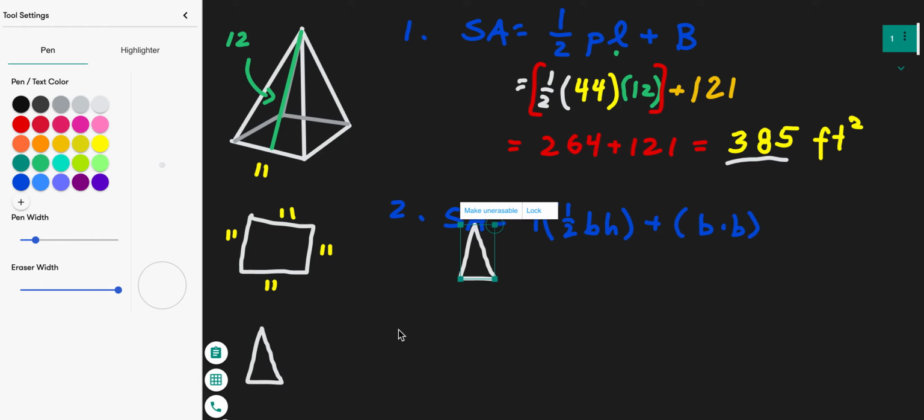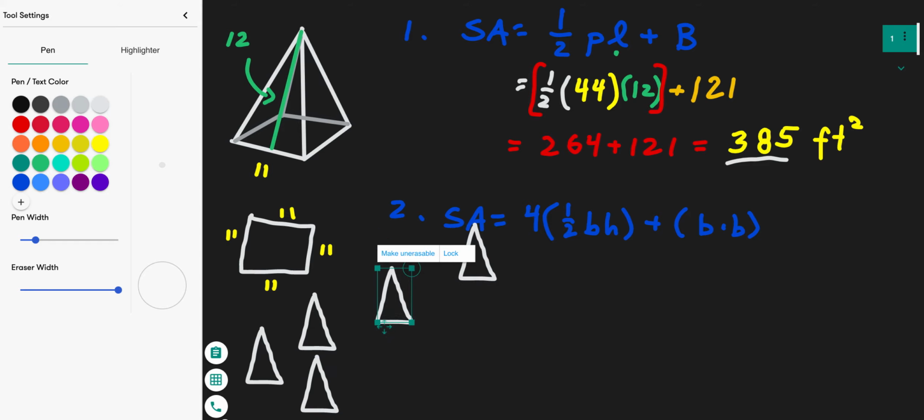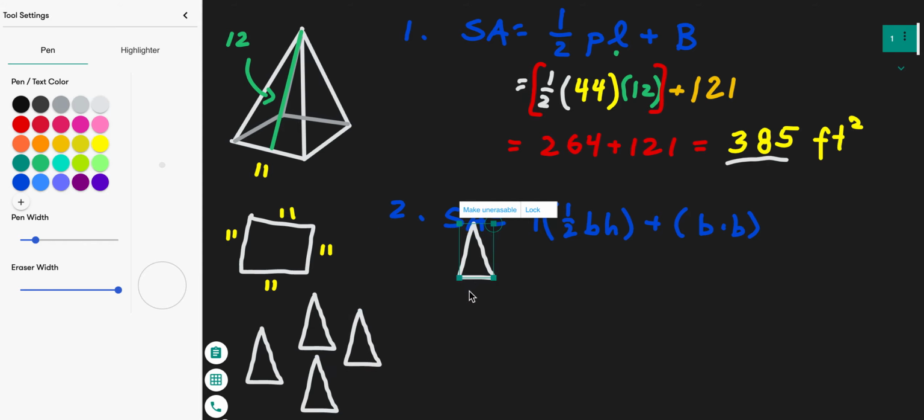Let's do 1, 2, 3, and then 4. And that guy should not be there. Okay. So we have 4 triangles and we have 1 base. So these 4 triangles, when put together on this base, will give us this prism, as you can see.